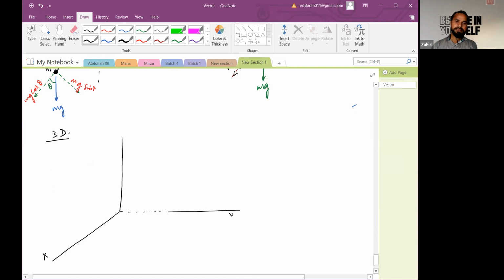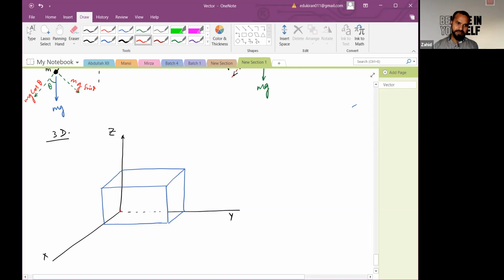This is the x-axis, this is the y-axis, and this is the z-axis. Suppose there is a block like this.